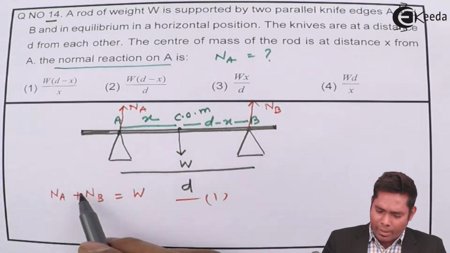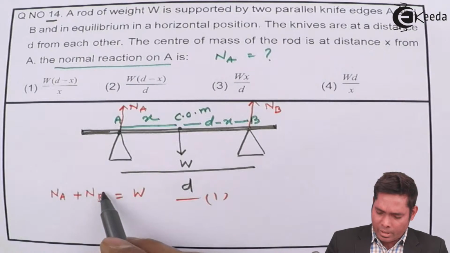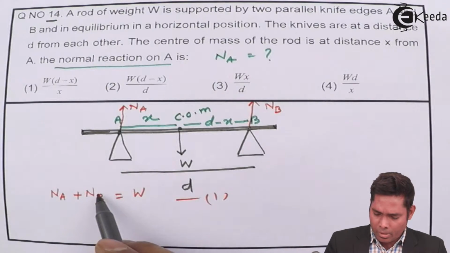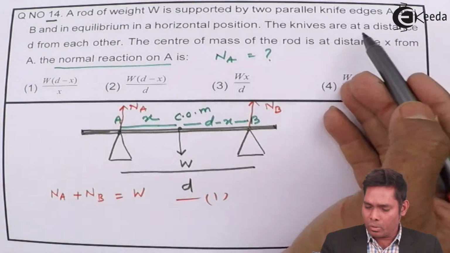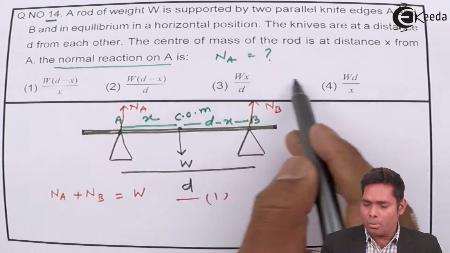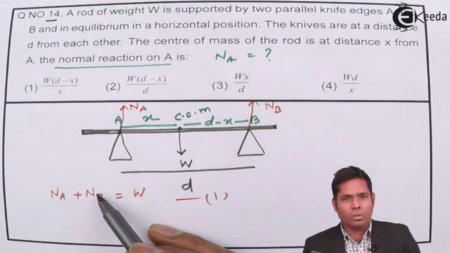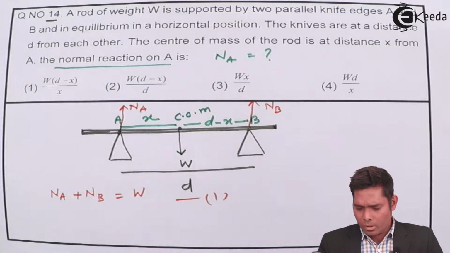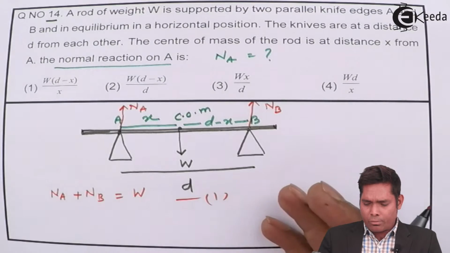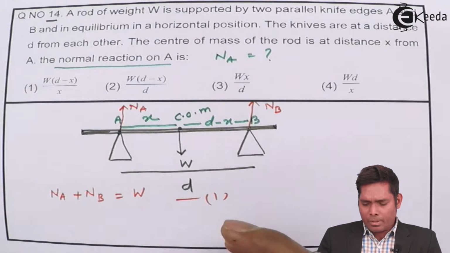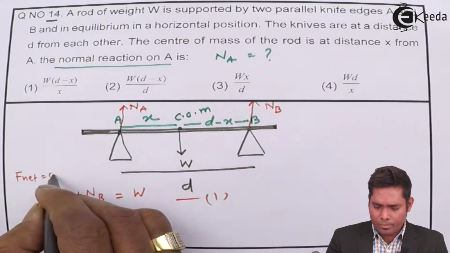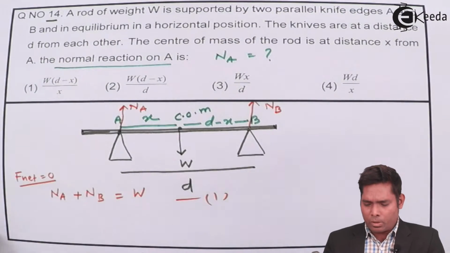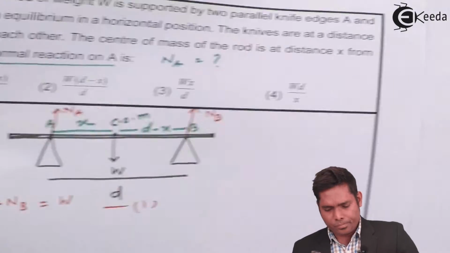Our aim is to find NA. We are not interested in NB, but we can write the answer in W because that is given in the question, and the options also have W. So W can be used, but NB is not required. This is the force equation: net force is 0. Similarly, for equilibrium, the net torque should be 0.